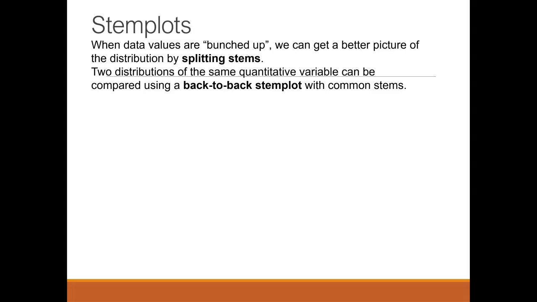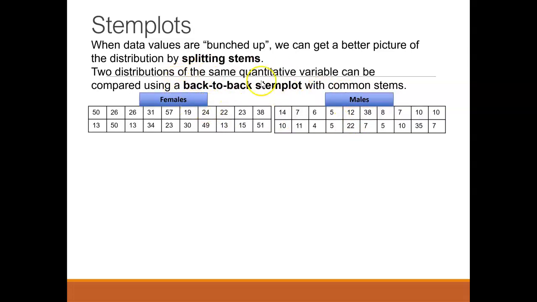All right. There are variations of stem plots. One variation is to have a back-to-back stem plot. If I have two different distributions that I want to compare, say a male distribution and a female distribution, I'll do the same thing.